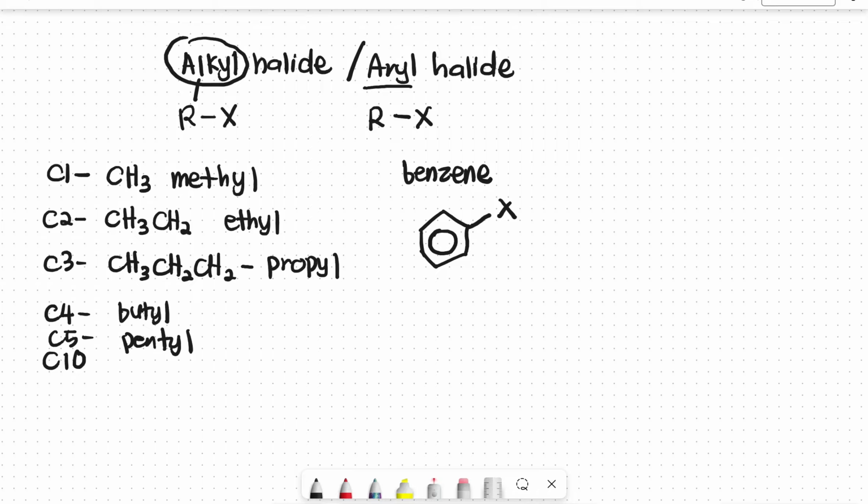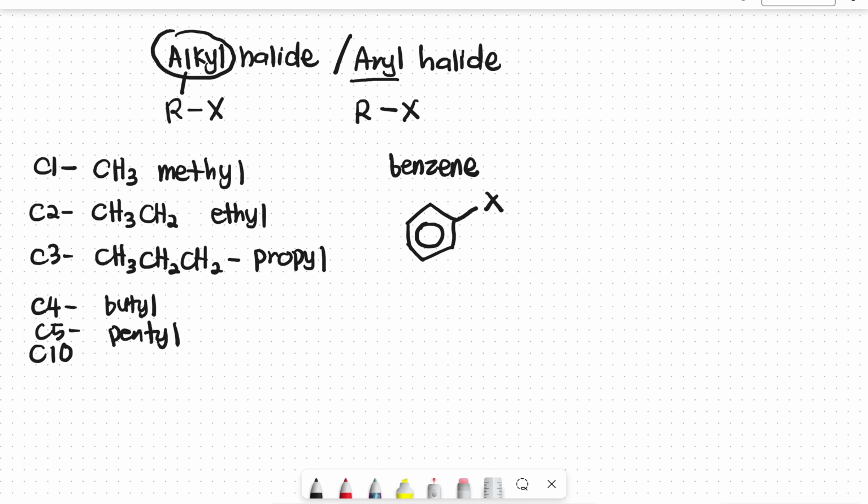The next one is cycloalkyl halide. Cycloalkyl halide is where you have a cyclic structure, for example, this is cyclopentane.